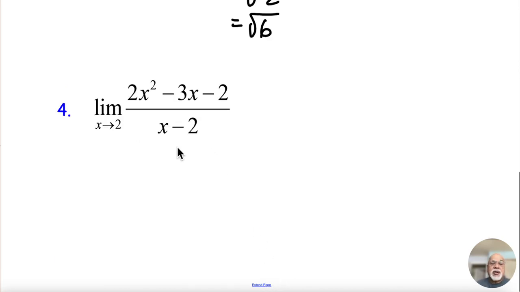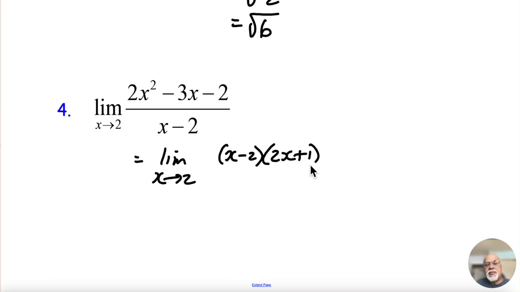This next example, I can't just sub this in, because if I put 2 in, the denominator becomes 0. And so in a case like this, always see if you can factor the numerator to see if it'll help get rid of this denominator. And the top happens to factor into x minus 2 times 2x plus 1 all over x minus 2.